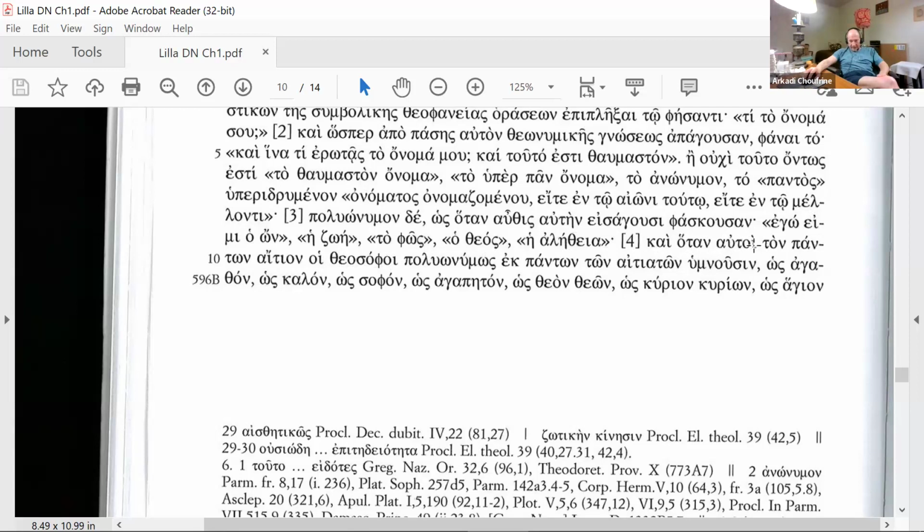But in this predicative construction, it means the very ones, the God-wise people themselves.